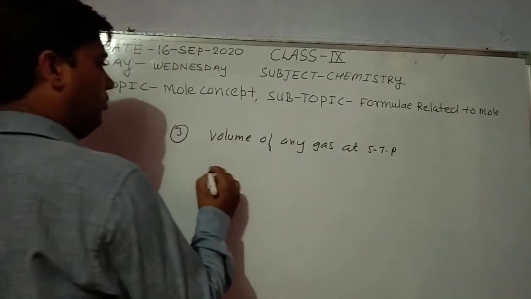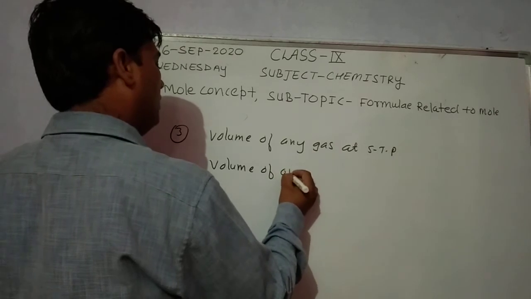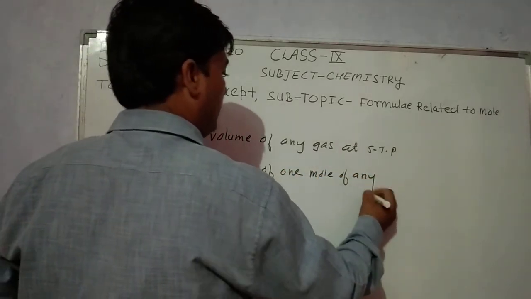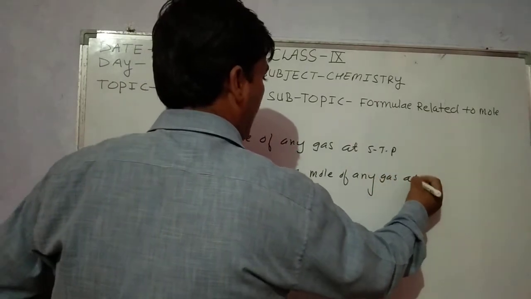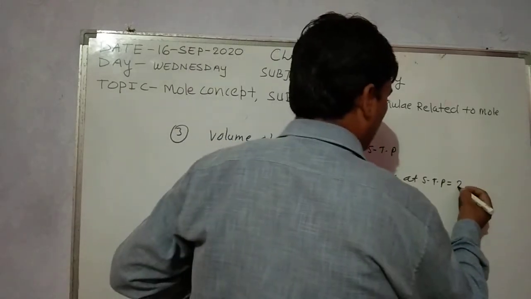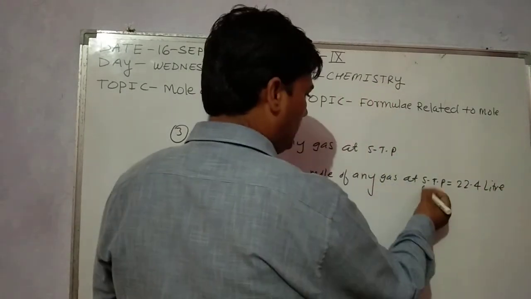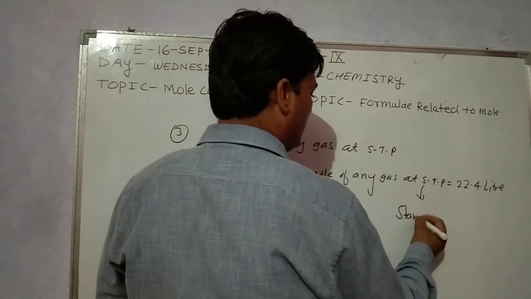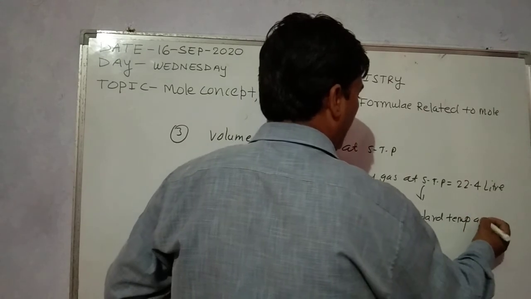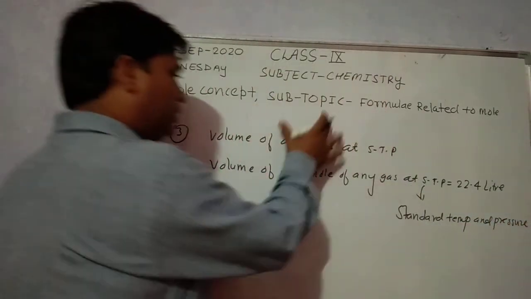Volume of 1 mole of any gas at STP is equal to 22.4 liter. STP means standard temperature and pressure. In the next video I will discuss it in detail.